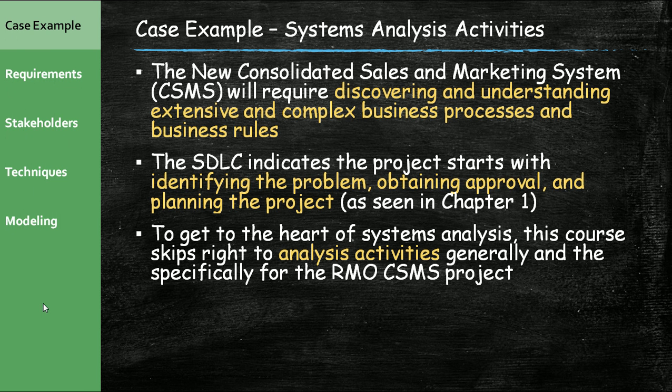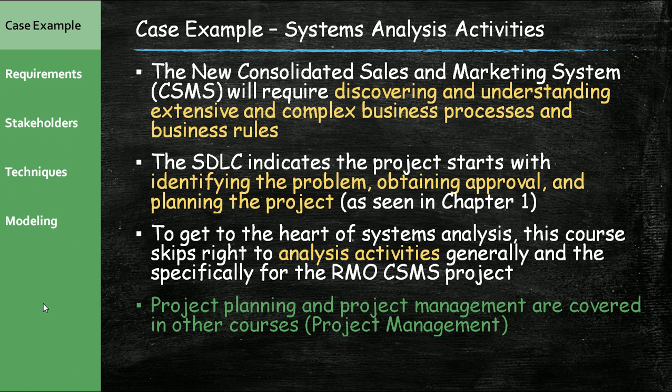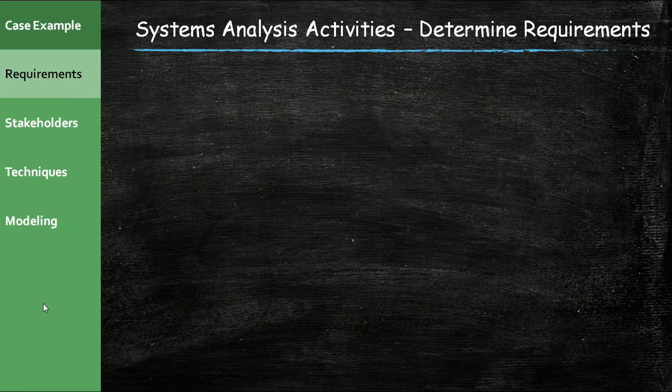But again, there are, of course, lots of things that have to be done before we get to this phase. But we're going to start here with analysis in this unit. So again, project planning and project management, all stuff that you can learn about in other courses. And again, I do have some supplementary material that you can look at if you want to get up to speed on project management.